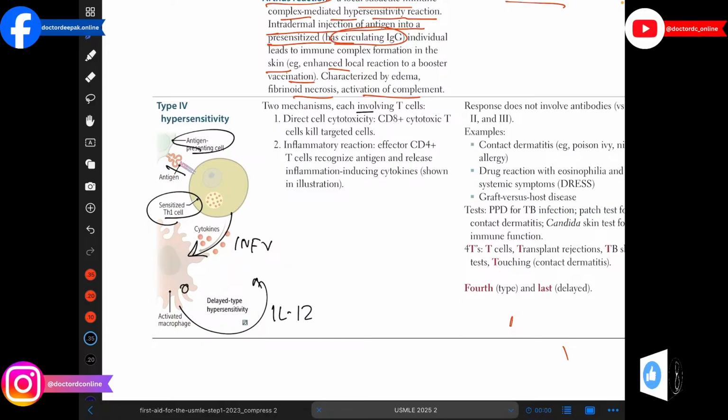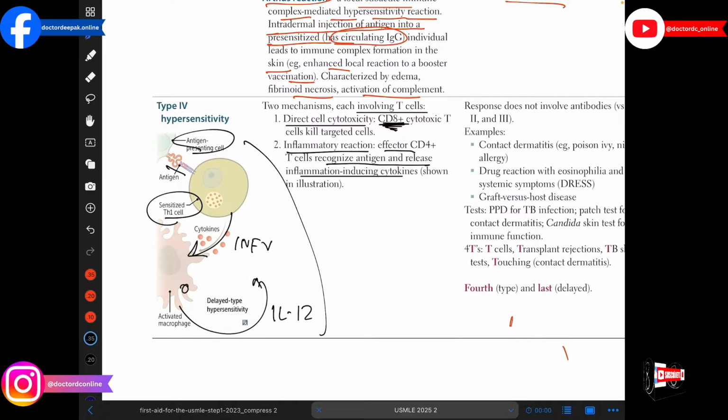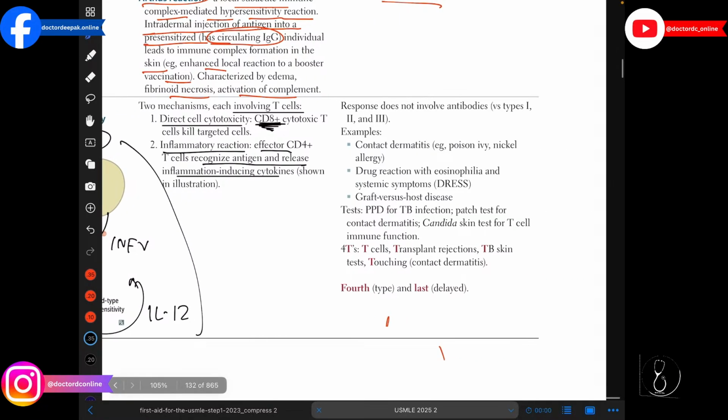There are two mechanisms, each involving T cells. First, direct T cell cytotoxicity by CD8 cytotoxic T cells that kill the targeted cells, like in contact dermatitis, where chemicals like oils attach to skin cells and cause erythema and itching. Second, the inflammatory reaction, where effector CD4 cells recognize the antigen and release inflammation-inducing cytokines, as shown on this diagram.